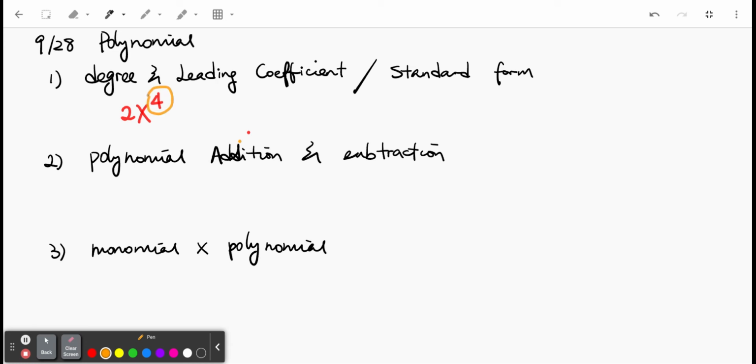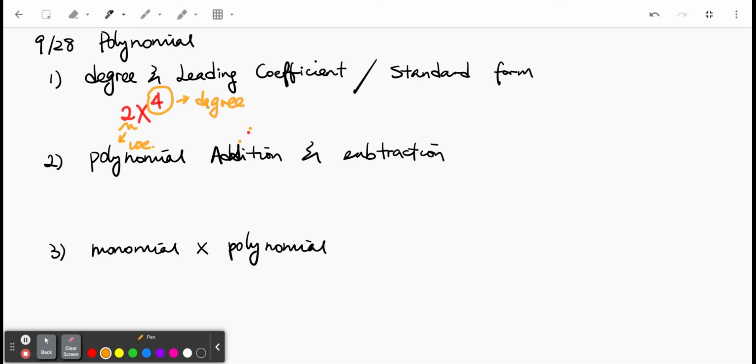So the 4 here is the degree. And then our coefficient here is 2. 2 is the coefficient, and 4 is the degree. So that is just a monomial, which means one term.